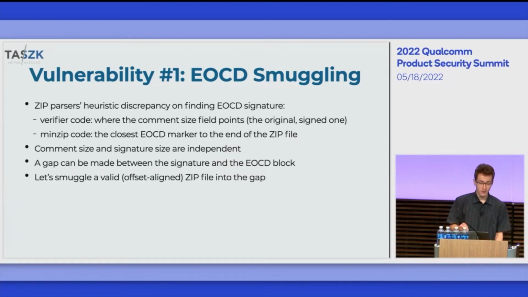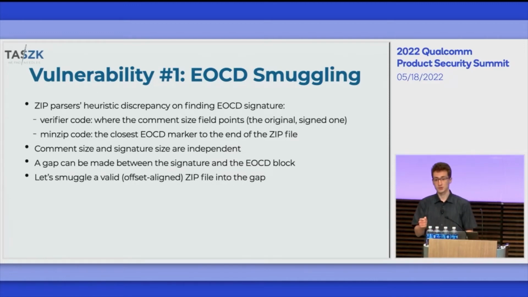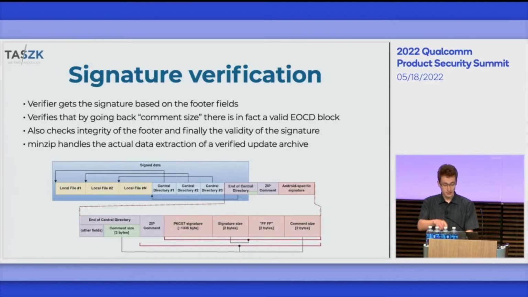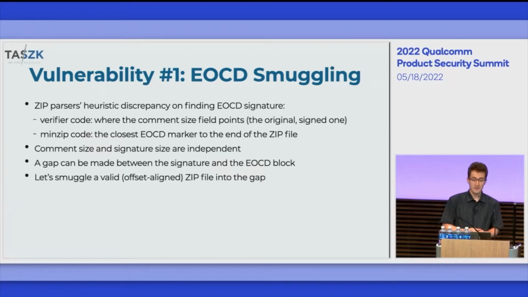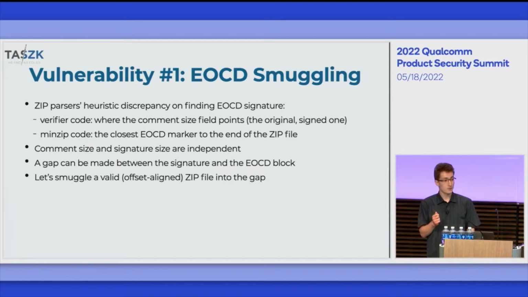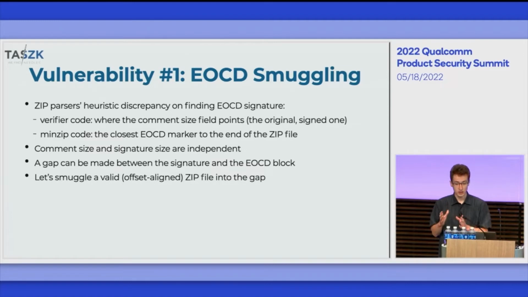So the verifier code directly jumps to the right EOCD because that's written in the appended Android-specific fields. But the minzip implementation implements very generic zip heuristics. It goes from the back of the file and tries to find the magic number of this EOCD chunk.